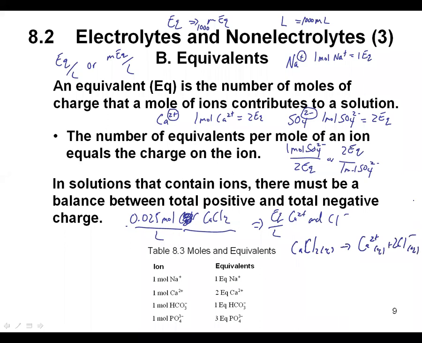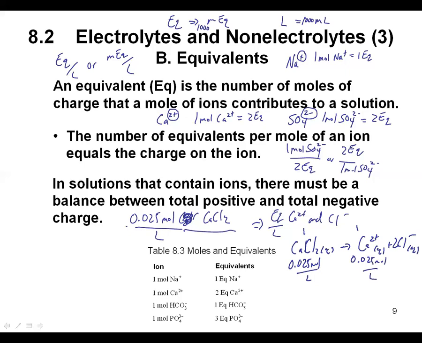If the whole thing together was 0.025 moles per liter, we could figure out the concentration of the calcium ions by how it breaks apart. It's a 1-to-1 relationship, so for the calcium it would be the exact same number.